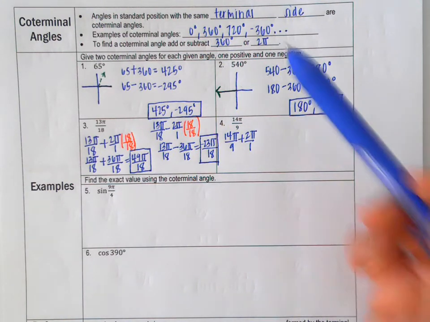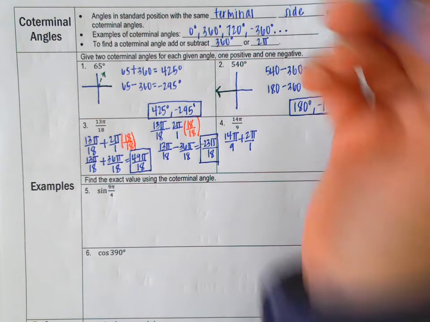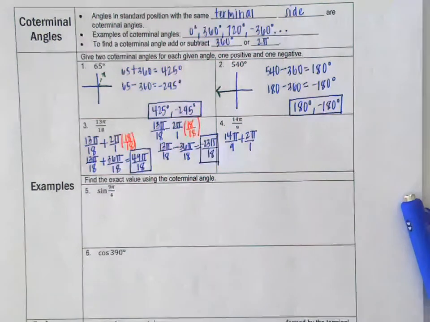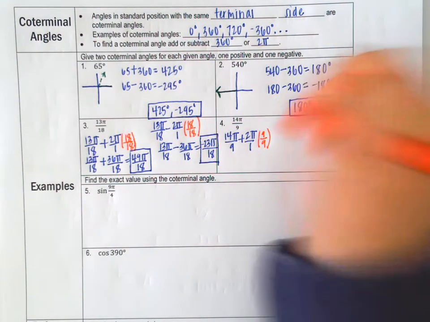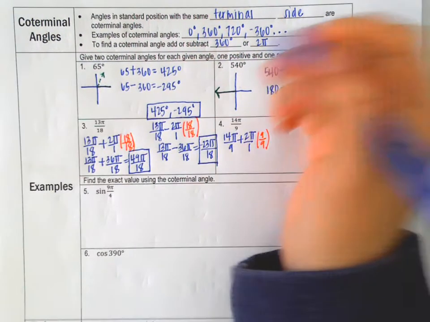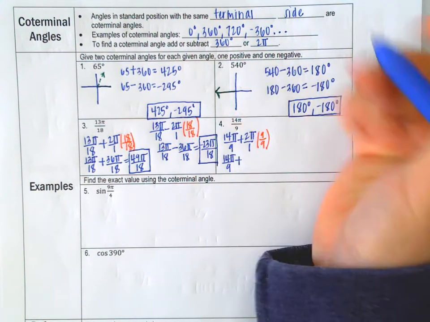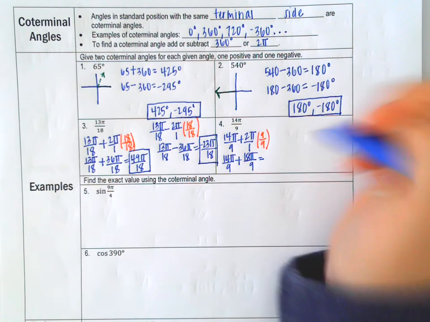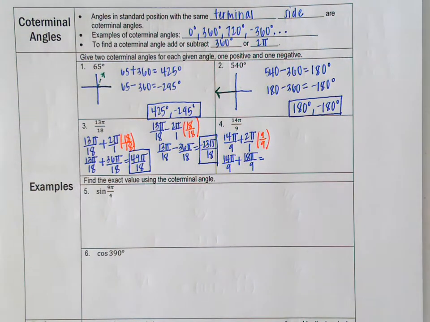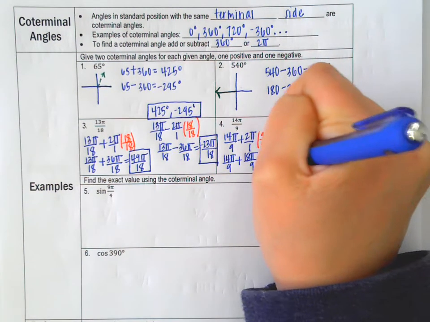So if I were trying to get a positive and a negative, I would do something like this. But it's not, so we're good. So I again have to get a common denominator, 9 over 9. And so that's going to be 14 pi over 9 plus 18 pi over 9. So 14 pi plus 18 pi gets me 32 pi over 9.